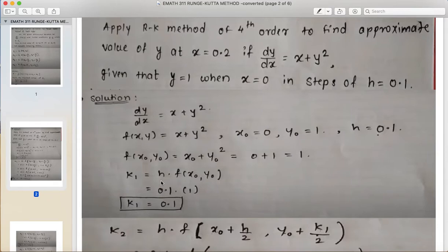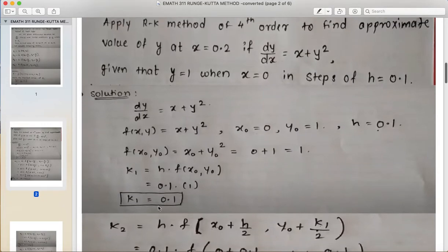We have the formula here: k1 is equal to h times f of x naught and y naught. Then just substitute the given values, right? So we substitute h as 0.1, and the value we found from f of x naught and y naught.